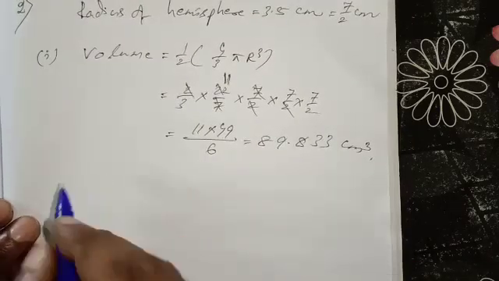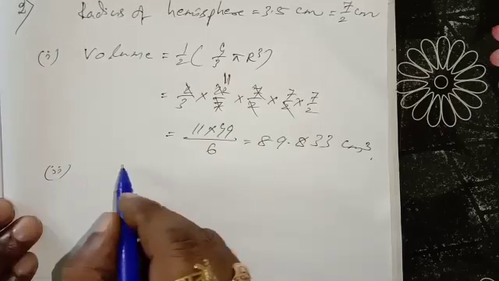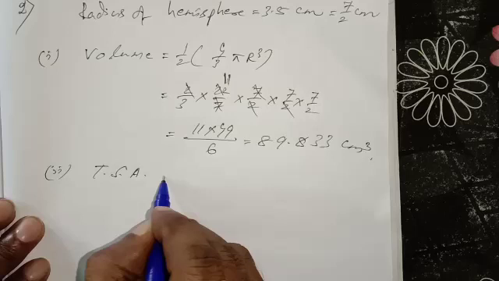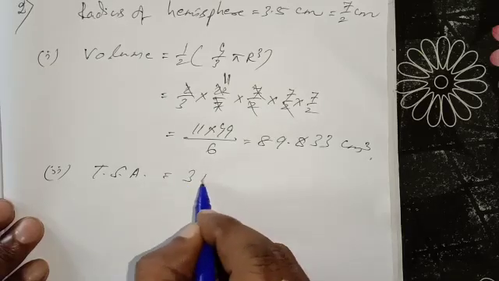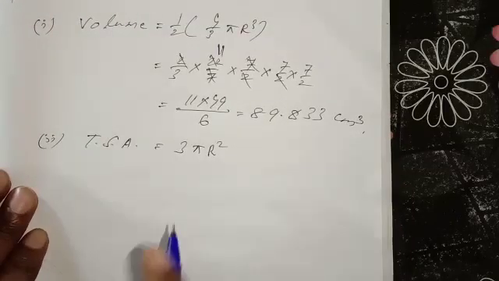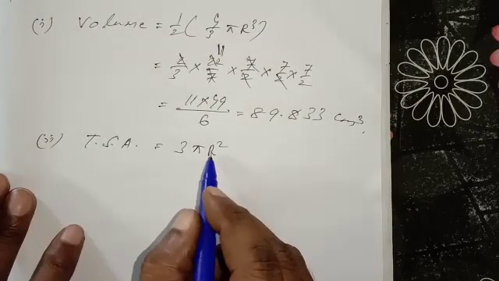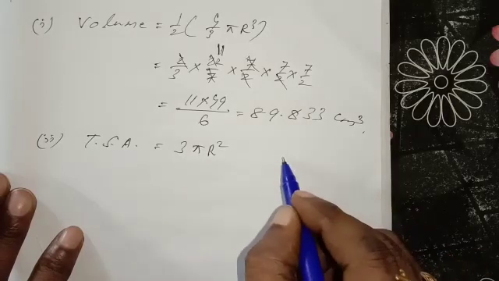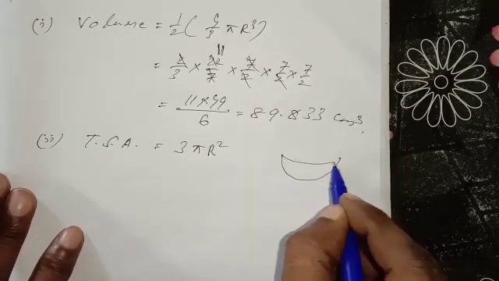See the second part. The question asks to find total surface area. Total surface area of a hemisphere formula is 3 pi r square. Total surface area means curved surface area, 2 pi r square, and plane surface area, that is pi r square, because the hemisphere looks like this and this is one circle.